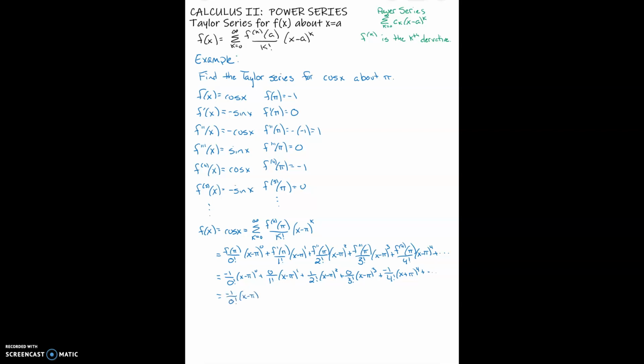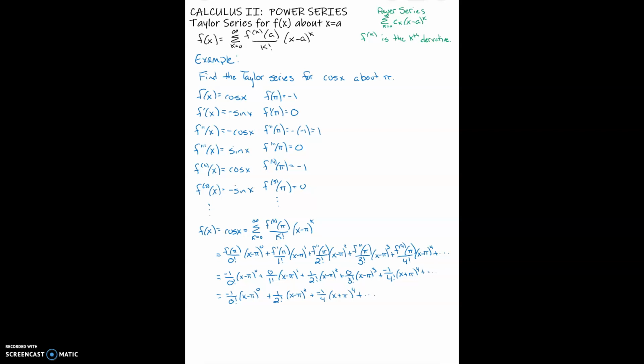And again, I'm just going to get rid of those 0 terms so I don't have to worry about those anymore. And I think that's about as simplified as we can get on this.